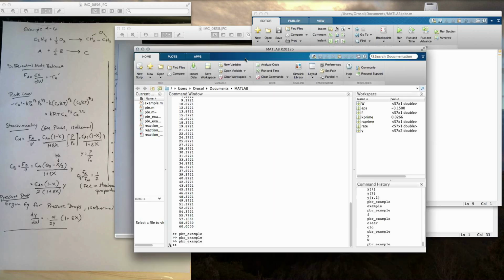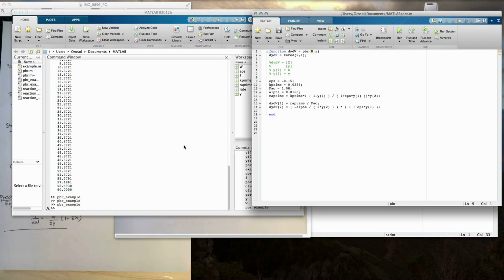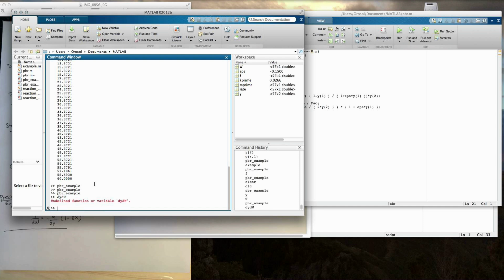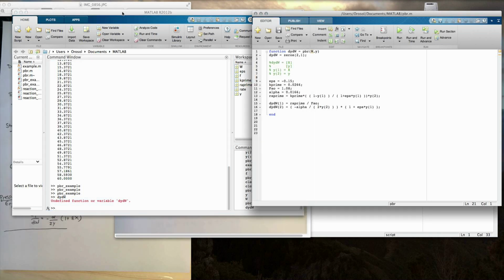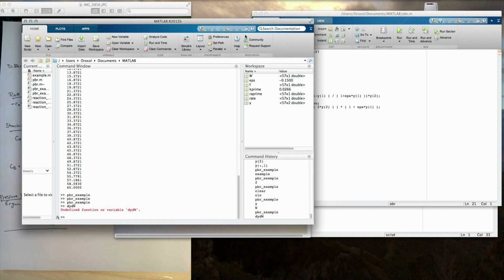I'll show you what that looks like. dy dw. Oh, never mind, because I can't do that because this is in the function. Okay, so, well, I know what I can do though.